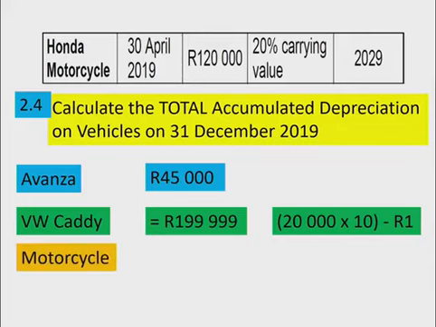Why? Remember, it's past the life expectancy. So we can only have R1 residual value. Therefore, the total accumulated is 199,999.